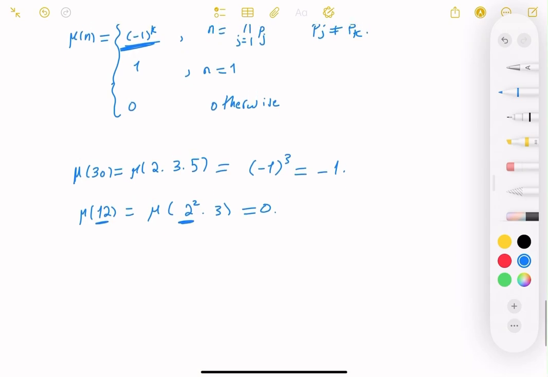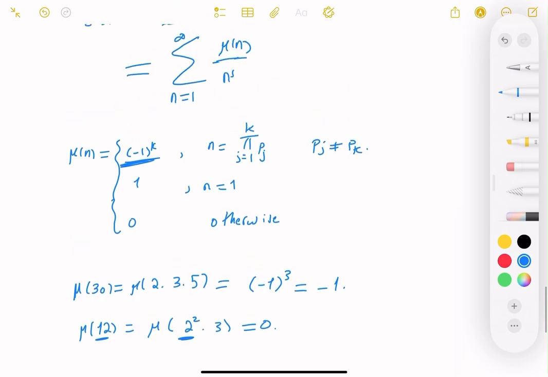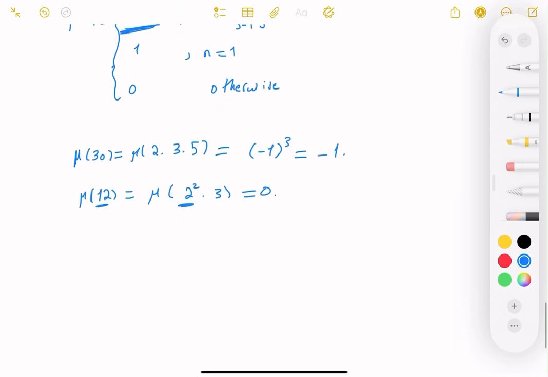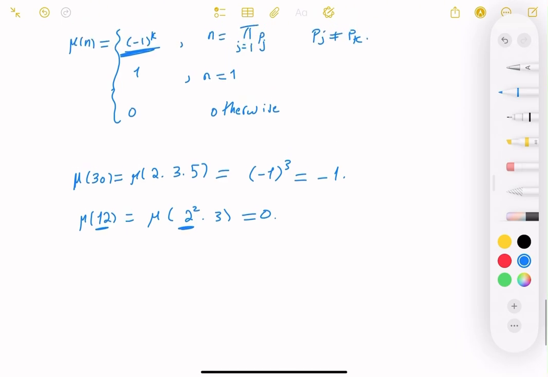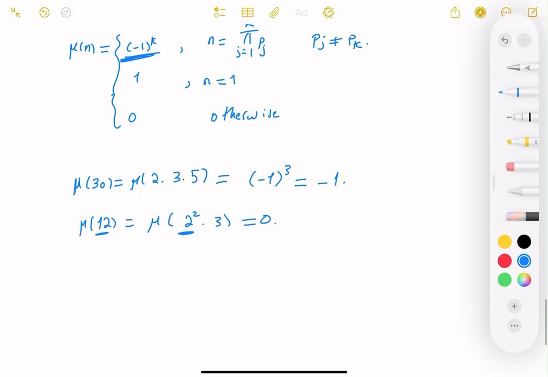So one very important identity about the Möbius function, apart from other things that we'll be discussing later, is the so-called Möbius inversion. So let's quickly talk about that.